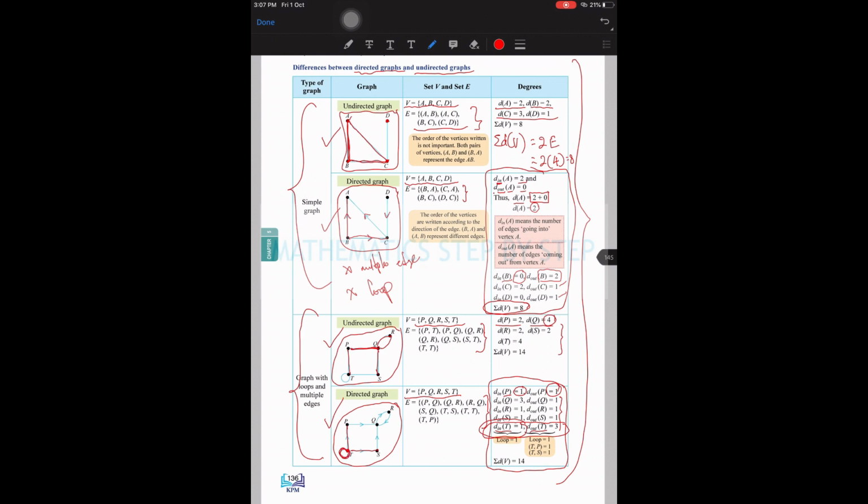Okay, the third one is the loop. Okay, so we can see the explanation here.